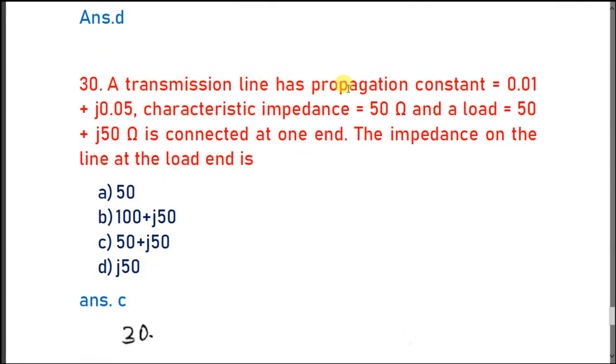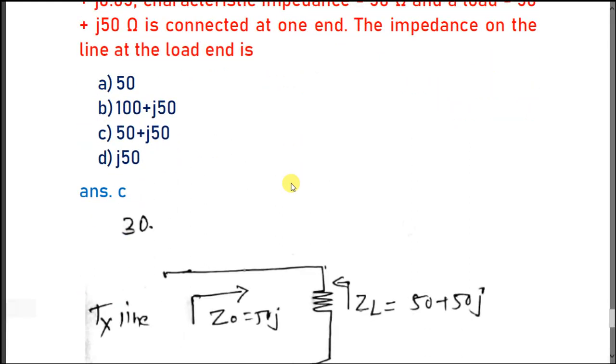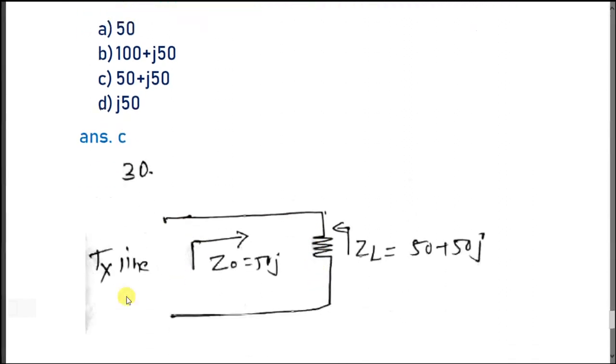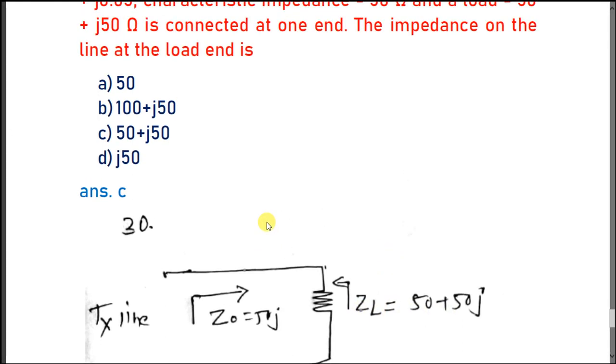A transmission line has propagation constant given as 0.01 plus j0.05. Z0, the characteristic impedance, is given as 50 ohm. ZL is given as 50 plus j50, connected at one end. What is the impedance of the line at the other end? So this is the schematic. You have a transmission line with characteristic impedance Z0 of 50 ohm and the load impedance is 50 plus j50.